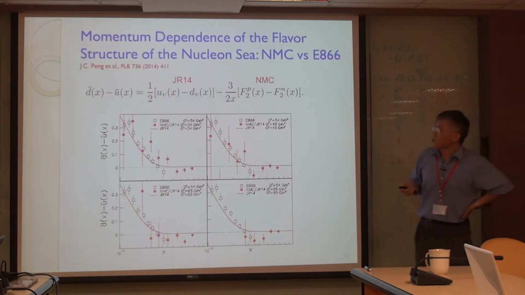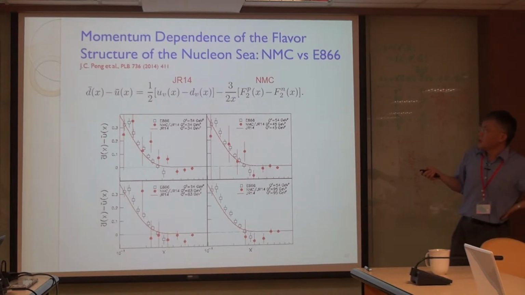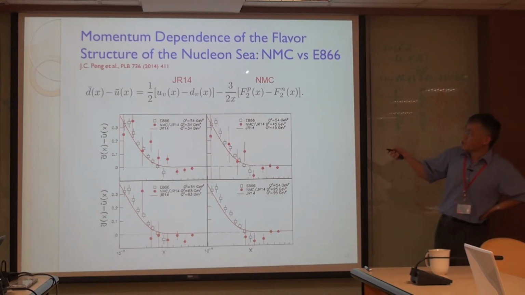Okay, so this is a very recent work done by Jen-Chi and I, and also Tiejun and Zhang Han Laoshi here. What we are asking is, because we are interested in whether the tentative turnover that E866 sees at large x can also be seen in DIS, we go back to the NMC data, as I just showed you.